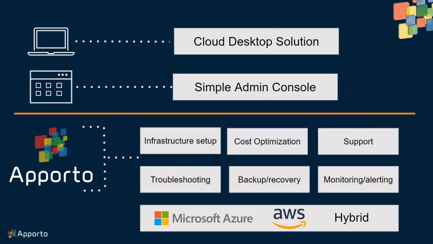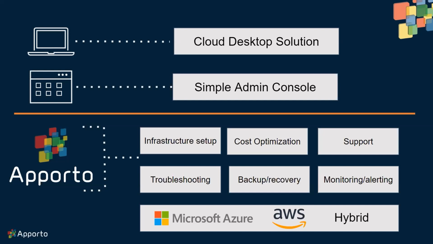We present as a fully managed service. Everything below the orange line are things that we're taking care of inside the Apporto cloud in terms of infrastructure, all of the troubleshooting, backups, alerting, cost optimization, et cetera. What our customers work with is above the line.